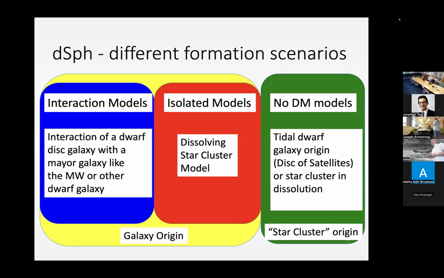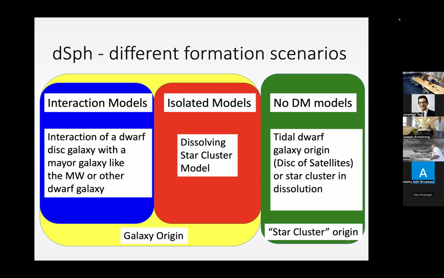Our group worked on this field as well, and have shown that it's possible, but most people don't like that because that will put a strain on the missing satellite problem again. But in principle, it's possible, but that's not the topic today. Today the topic is the two galaxy origin models.